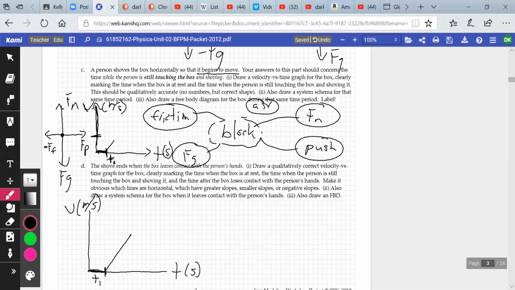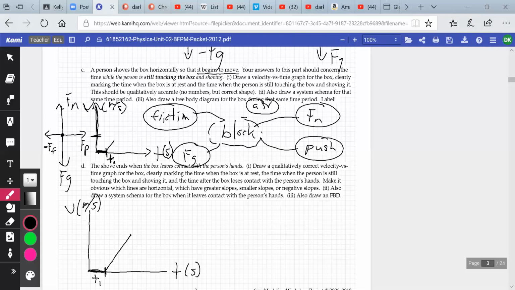Now the deal with friction is, once we lose contact with the box, what do you think friction is going to do to the box after I lose contact? Nicole was saying it resists the motion of the thing, so the box doesn't keep moving forward.